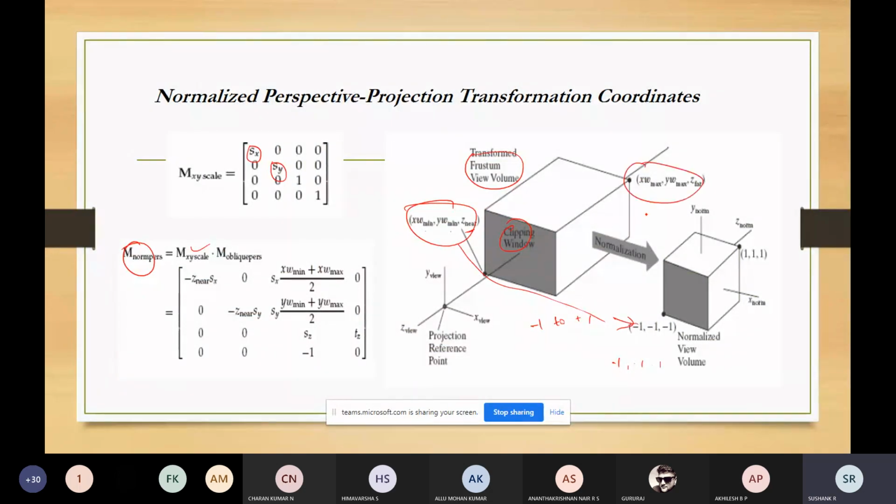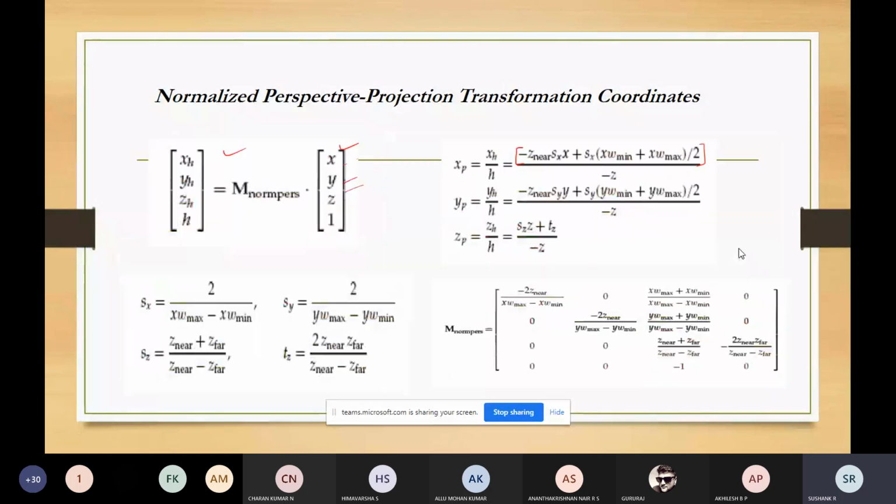Similarly, x window maximum, y window maximum, and z far will be normalized to 1, 1, 1. We'll get xp, yp, and zp as 1, 1, 1 when all the coordinates are equal to xw maximum, yw maximum, and z will be z far.